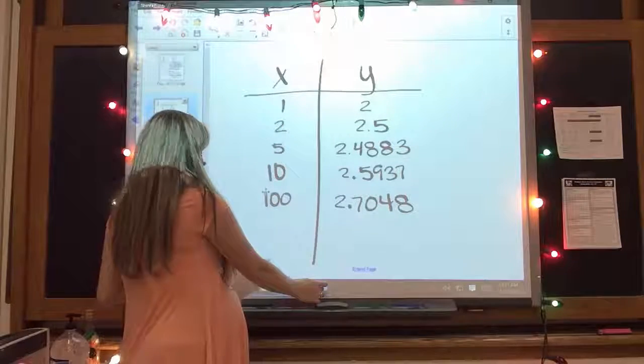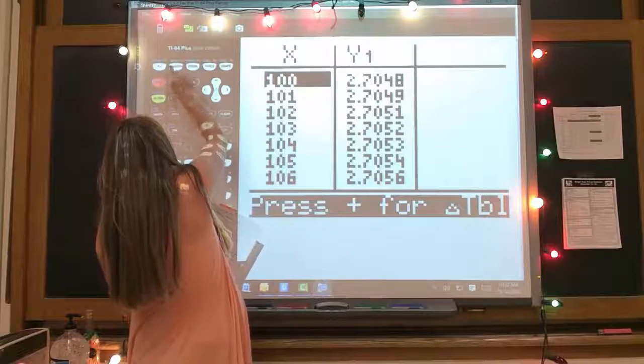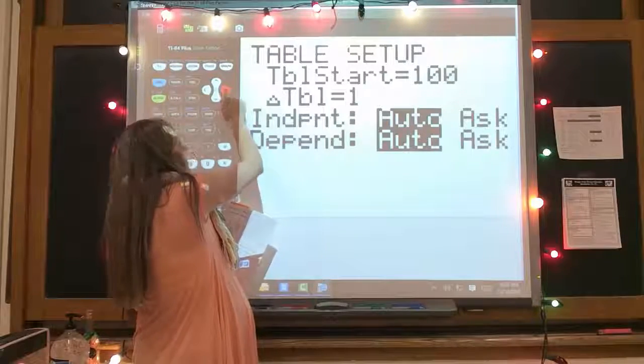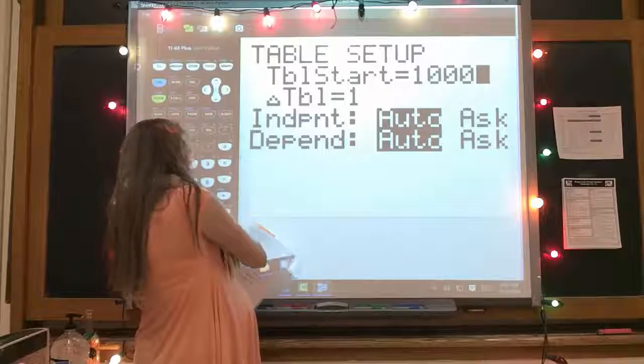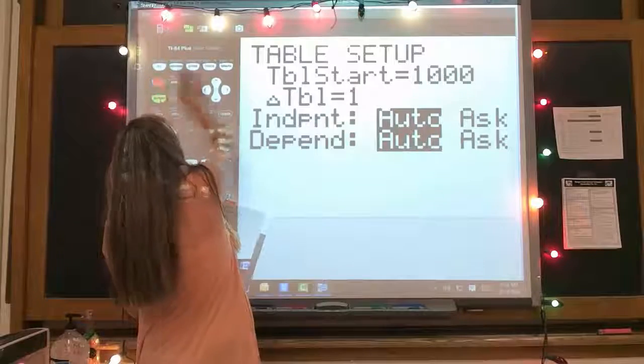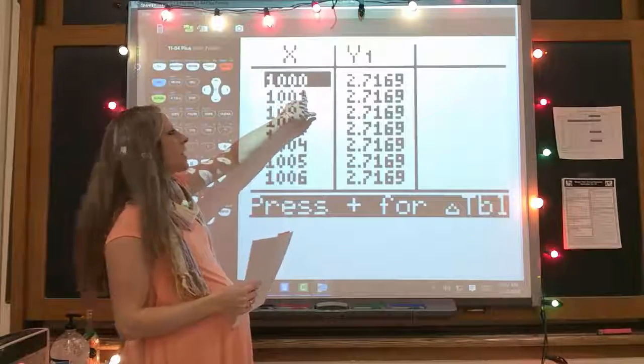Okay, so we want to know when x is 1,000, so go to table set, second window. I'm going to change that to 1,000. Press enter, and then go back to my table. And it's going to take me right to where x is 1,000.